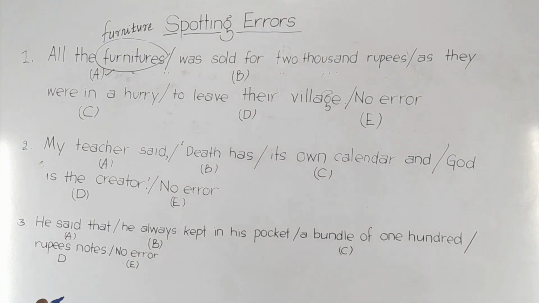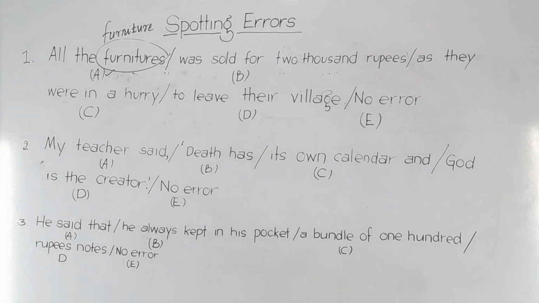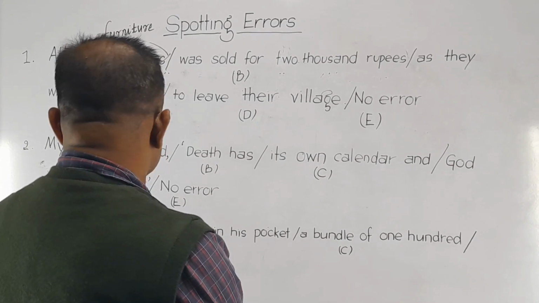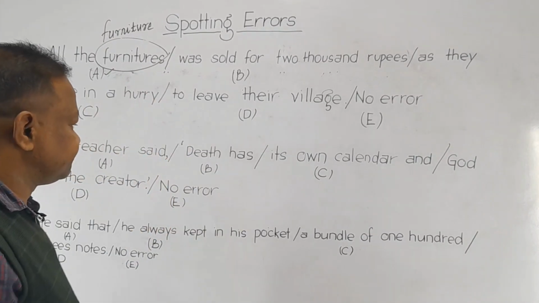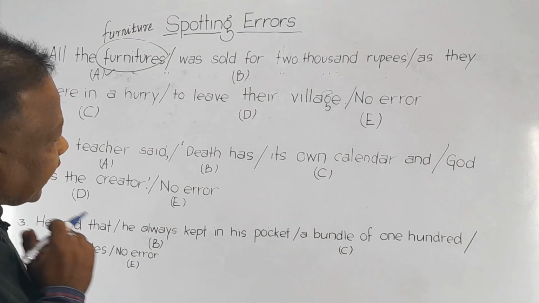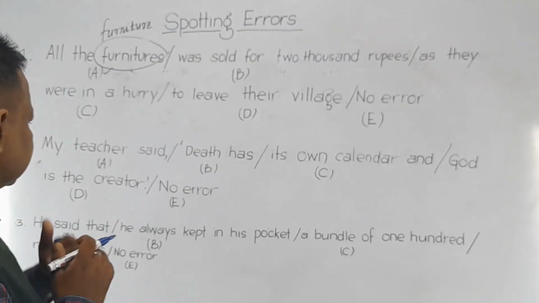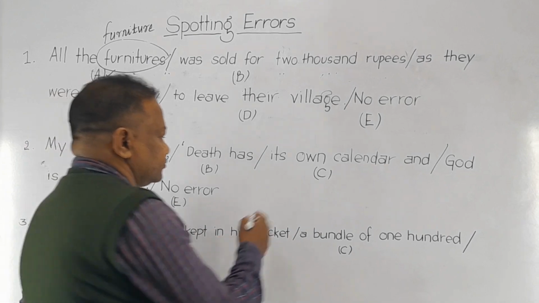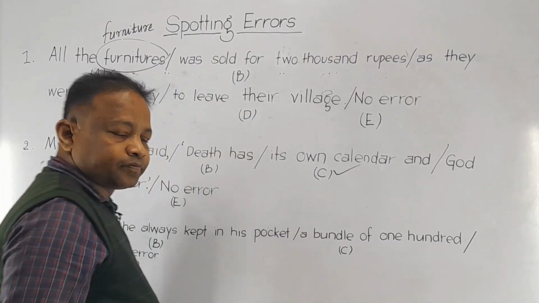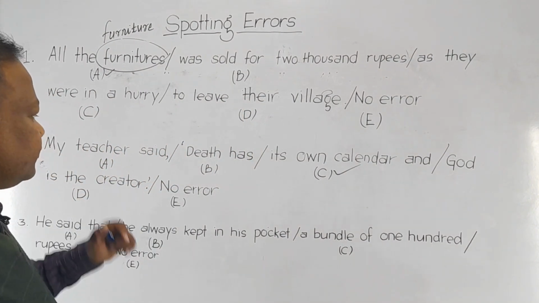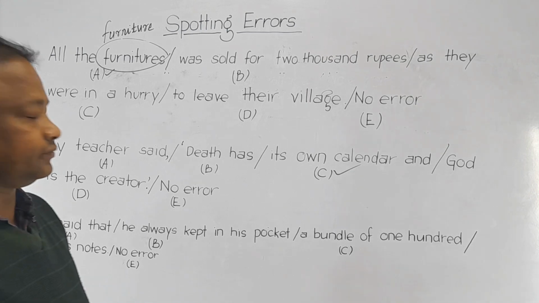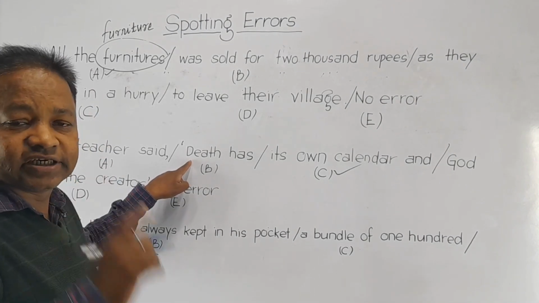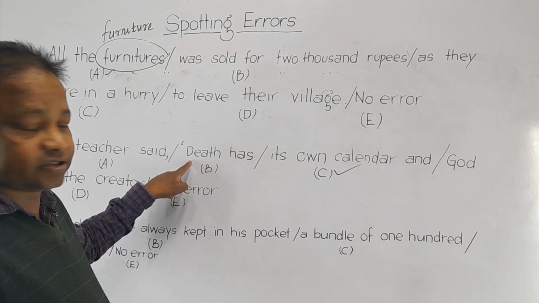Question number 2. My teacher said, death has its own calendar and God is the creator. It also has 5 parts. Let's find out the error. Listen, regarding noun gender, death is considered masculine gender only for its violence.